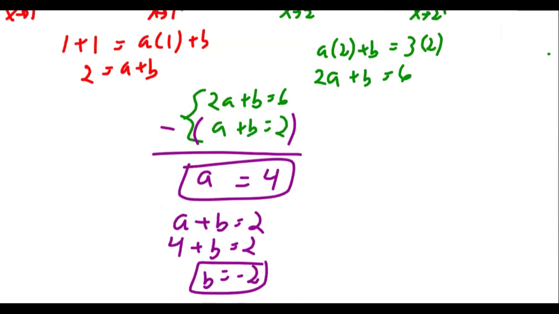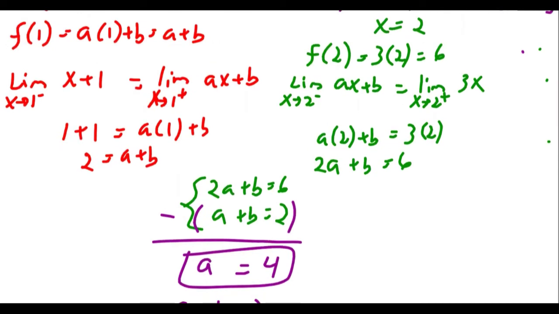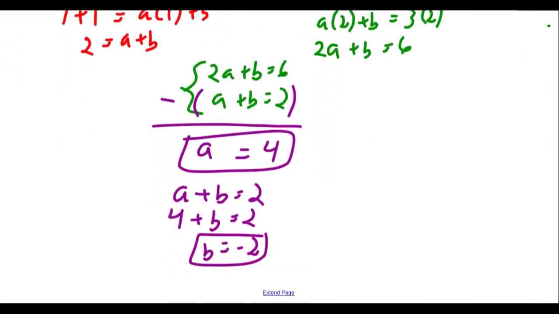For x equals 1, 4 plus negative 2 is 2, must equal a plus b, that's 2. So 2 equals 2. Yay, that one worked out. And for the x equals 2 one, we had 6, so 2a plus b must equal 6. 2 times 4 is 8, 8 plus negative 2 is 6. There we go. It works out.